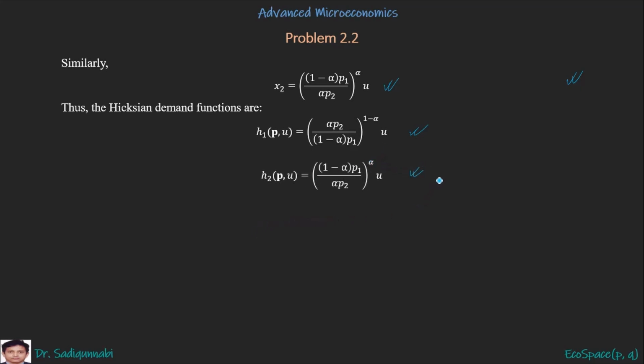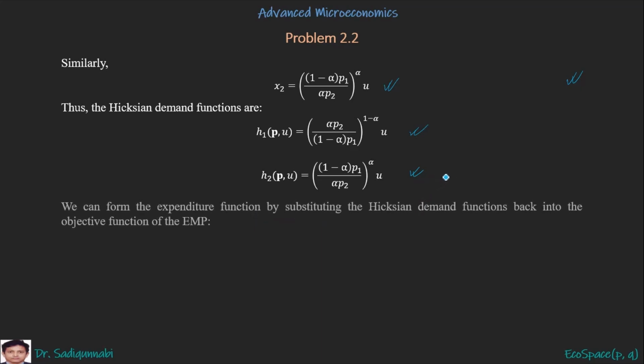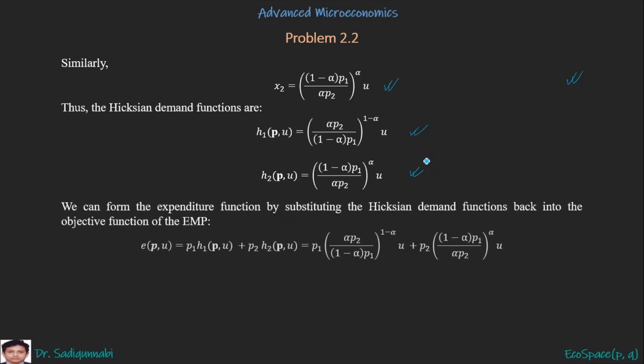So we can form the expenditure function by substituting these two Hicksian demands back into the objective function of EMP, that means the budget line. So what was our budget line?